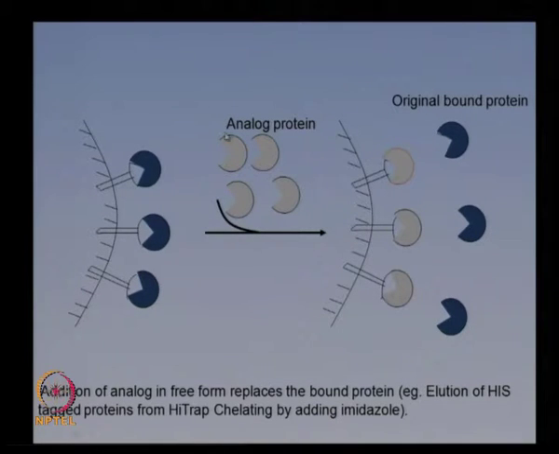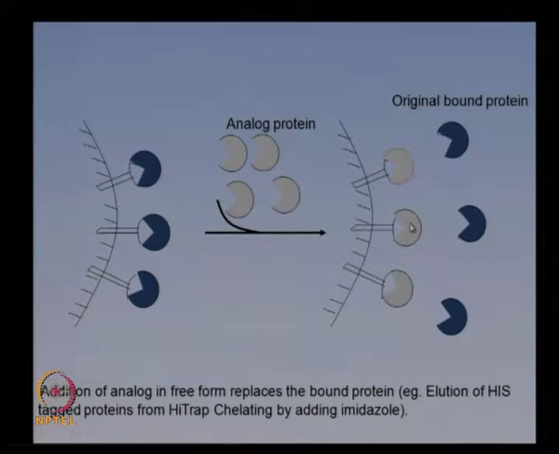Another approach, we can have analog protein which is almost similar to the protein that is bound. So what happens, this analog protein displaces and the original bound protein goes into the free form. So for example, elution of his tagged protein from HisTrap chelating by adding imidazole. So we add imidazole, so whatever his tagged protein that is bound gets displaced.